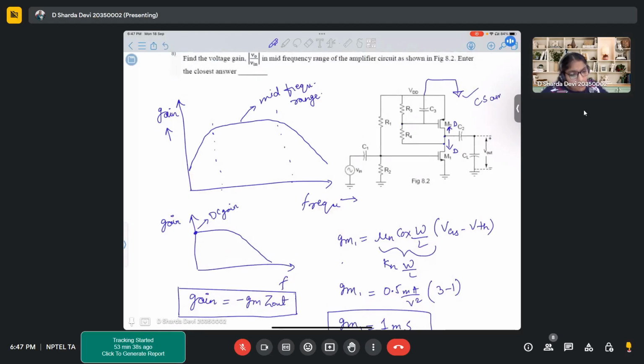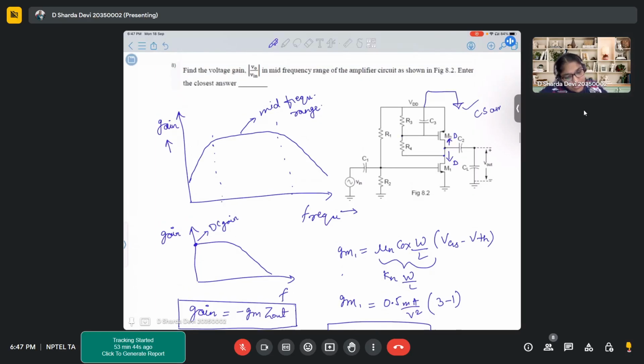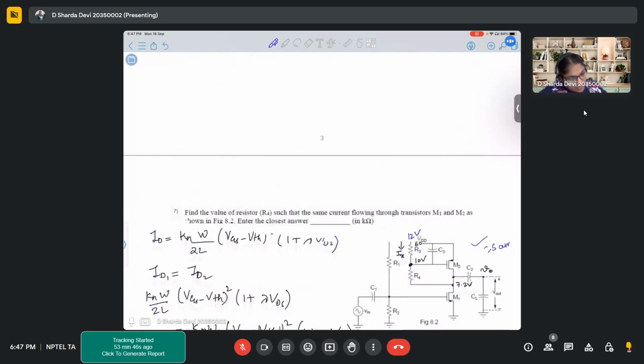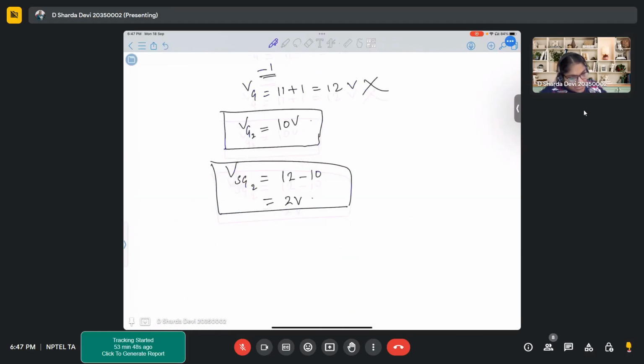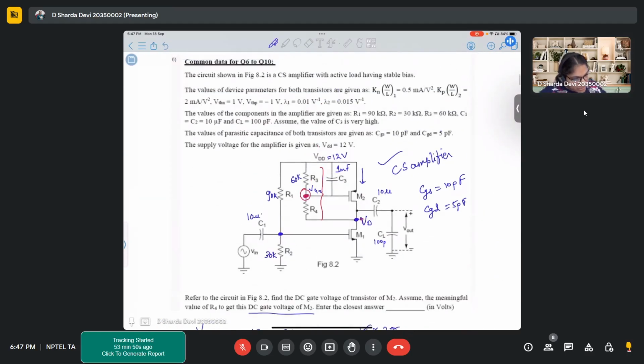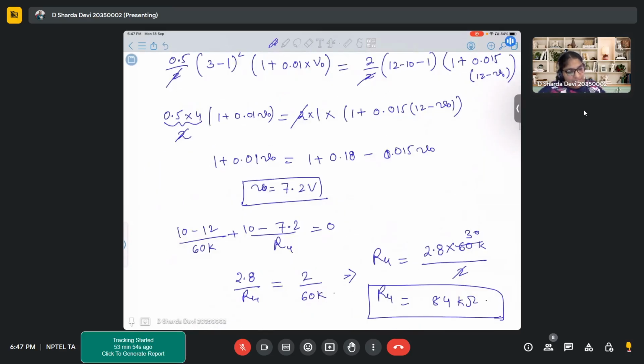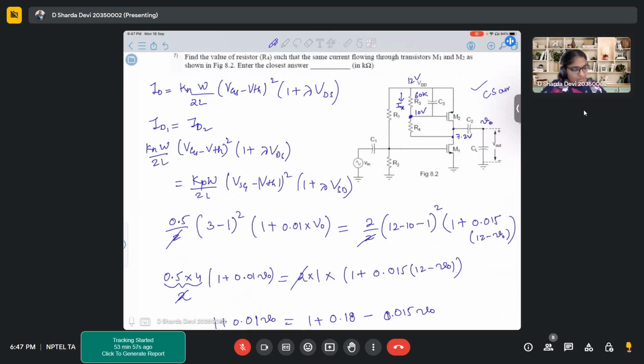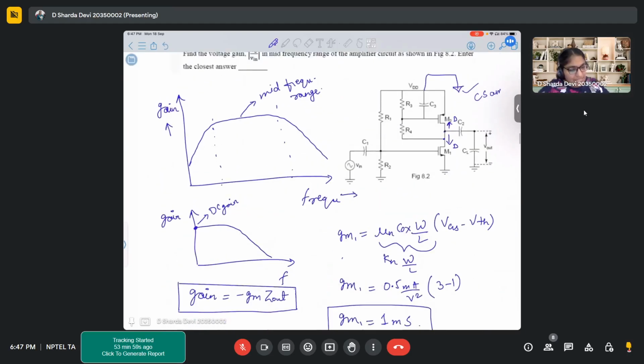Suppose this C3 is... there is another C3 also. It was mentioned that C3 is very high. Capacitor is very high. Here C3 is very high already, so we don't have to take care of this R3 as C3 is already very high.